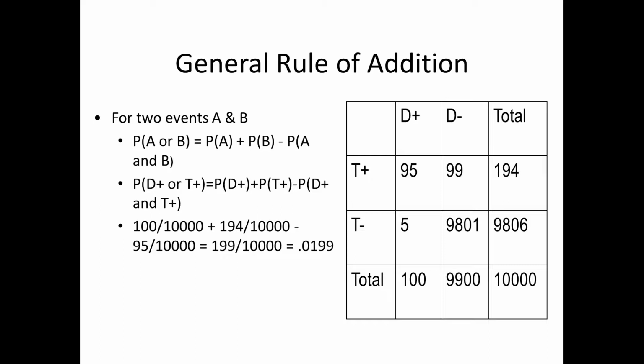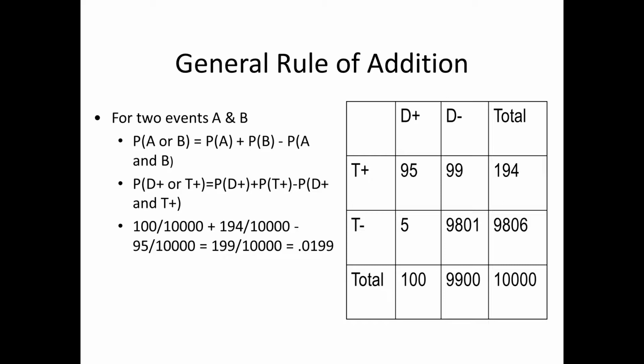So 95 out of 10,000 people were both. If you look at the last row, the arithmetic says to get this number, you take the 100 people who are disease positive. So look in the table. The disease positive column comprises 95 people who tested positive and 5 people who tested negative.